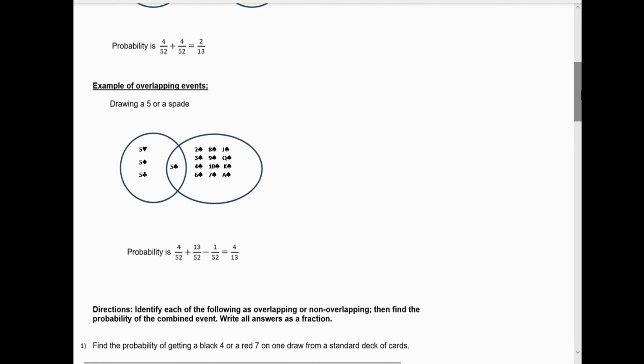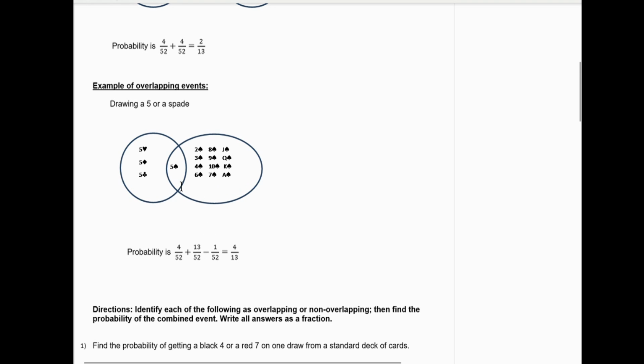When I'm looking at overlapping events, we can see here the probability of drawing a 5 is 4 out of 52 because there's 4 of those cards. And the probability of drawing a spade is 13 out of 52. But notice that I have counted the 5 of spades twice.